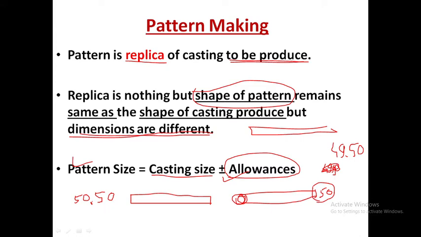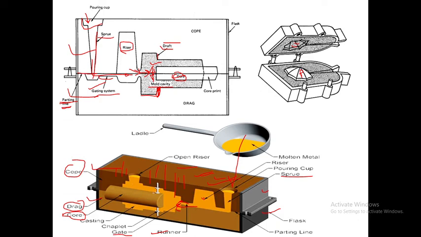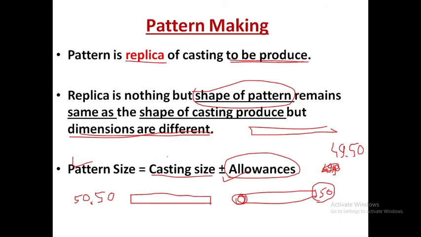So if I make the pattern of 50.50 and pour the molten metal, allow it to solidify, then break the mold cavity and remove the runner and riser, whenever I do the inspection I will get the exact size of 50 for the casting part.